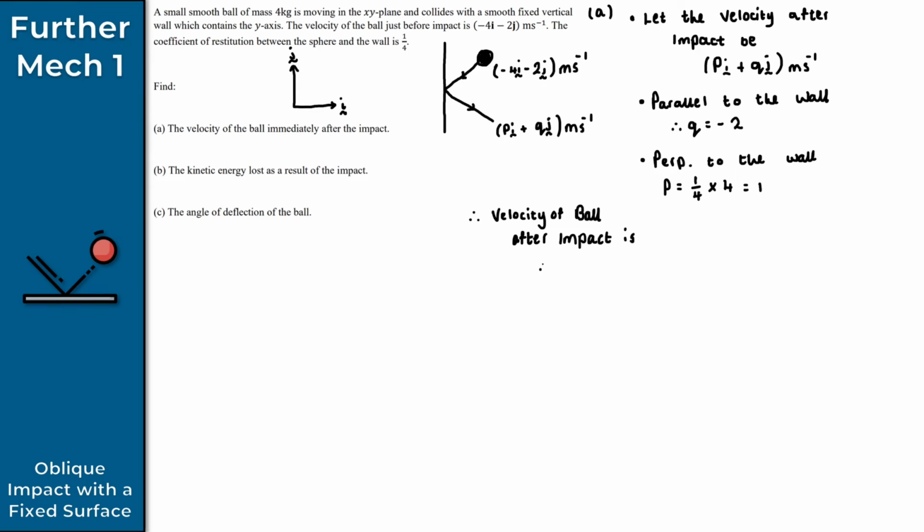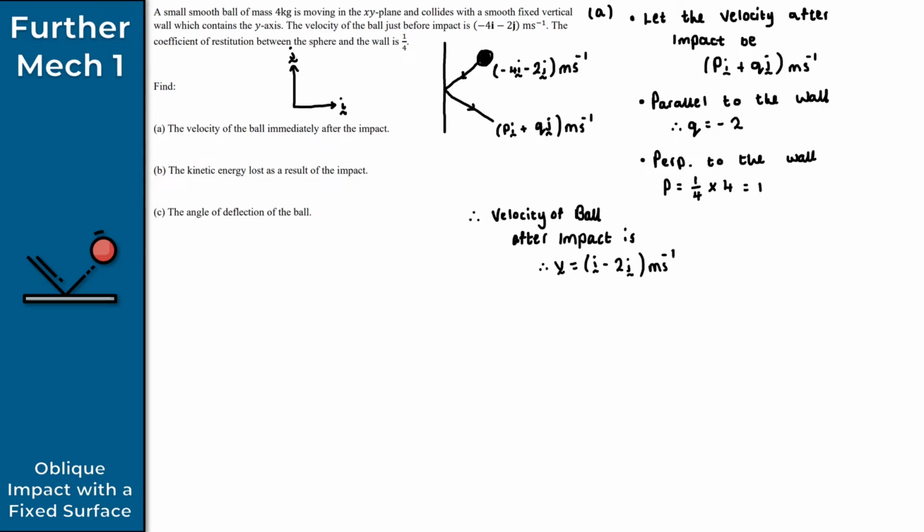So therefore, B here is equal to, I just get I here, right? So I, Q is minus 2, so I get I minus 2J meters per second. Okay. And there we go then. So this here gives us the solution to part A.